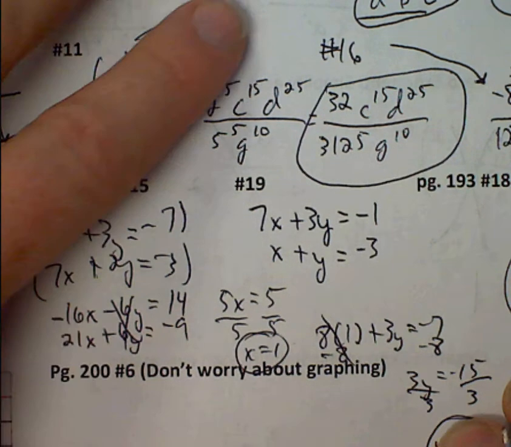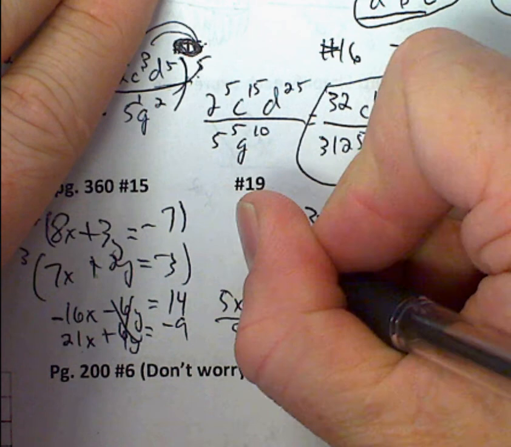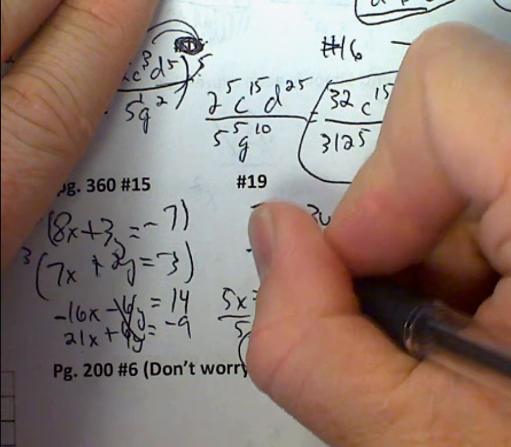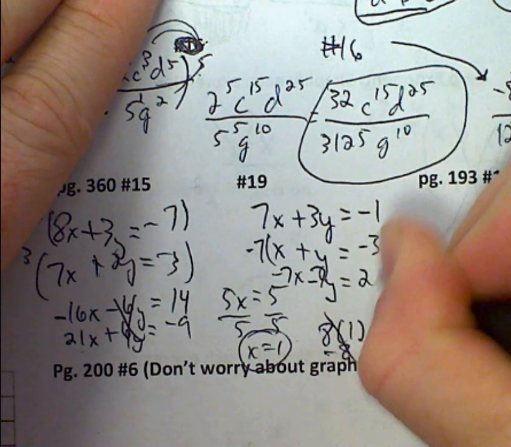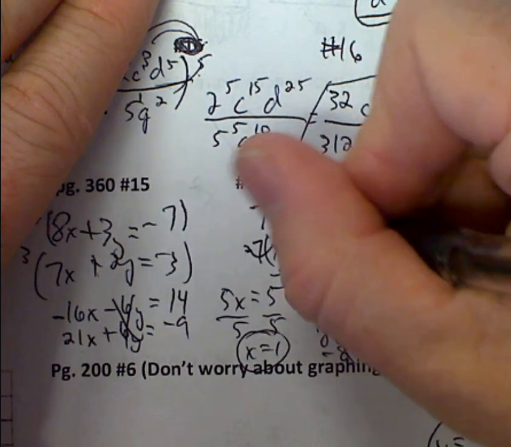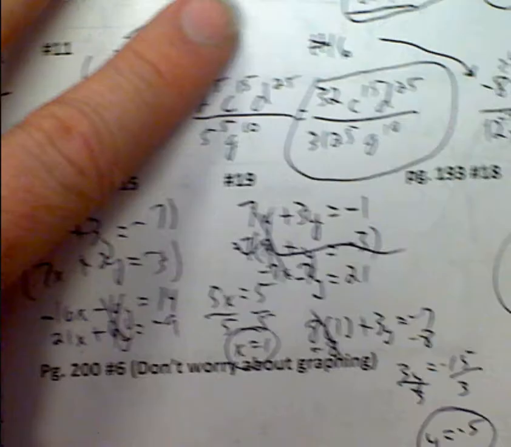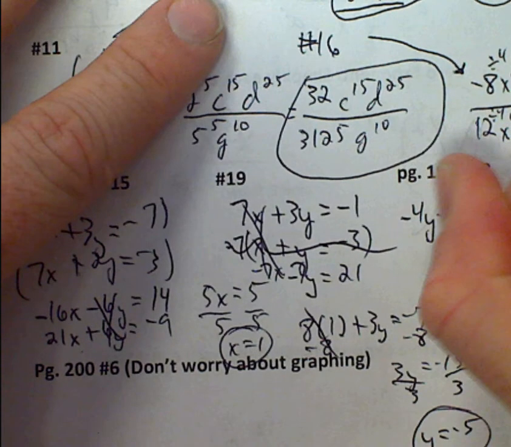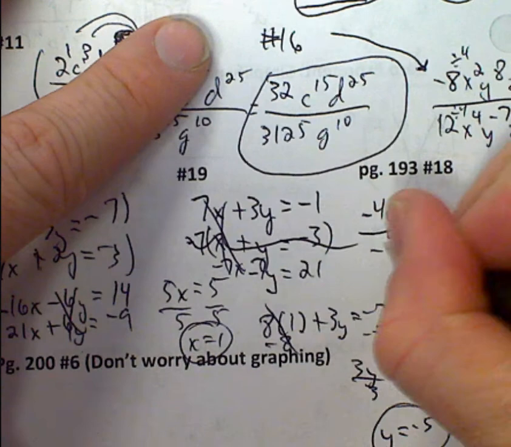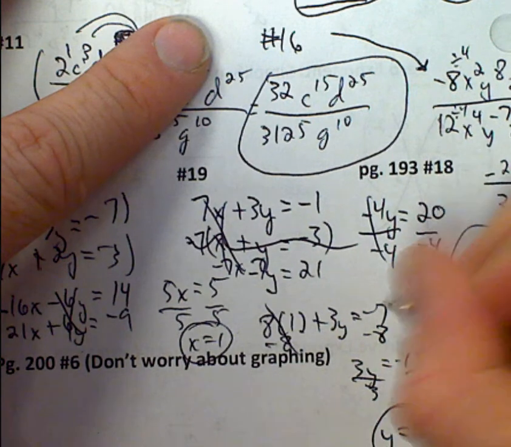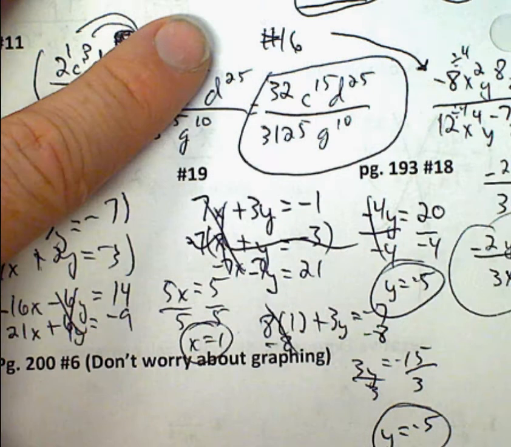Now I can use elimination. I'm going to multiply this by -7. So that's -7x minus 7y equals +21. Those eliminate. 3 minus 7 is -4y. -1 plus 21 is 20. Divide by -4, y equals -5.